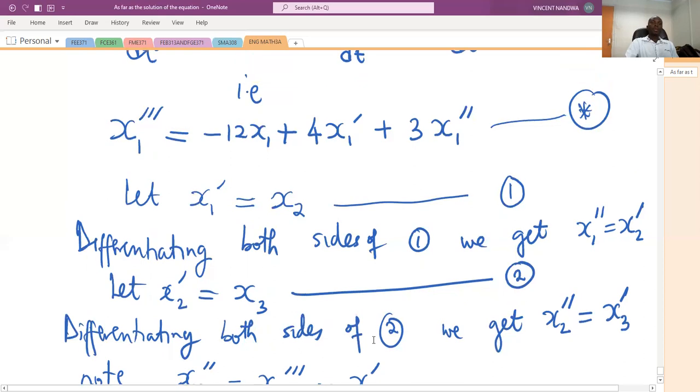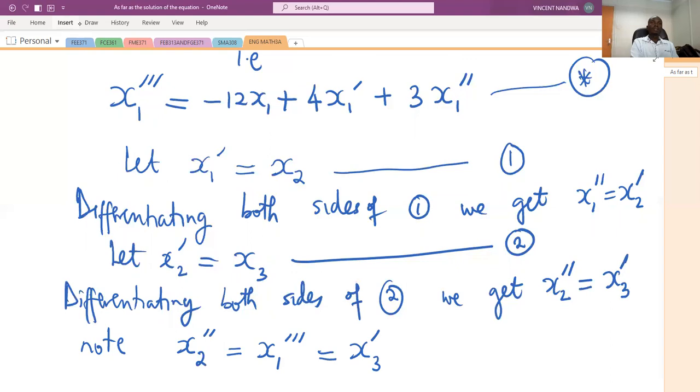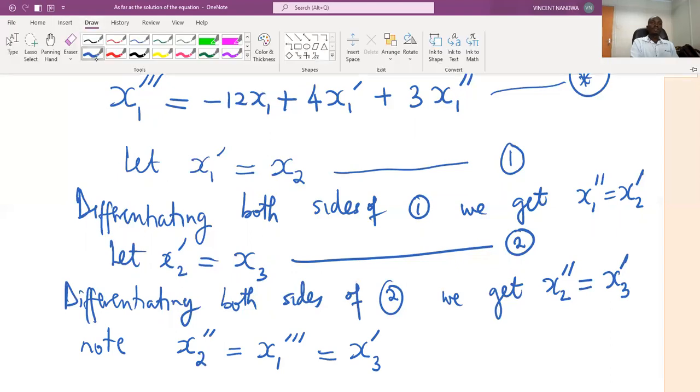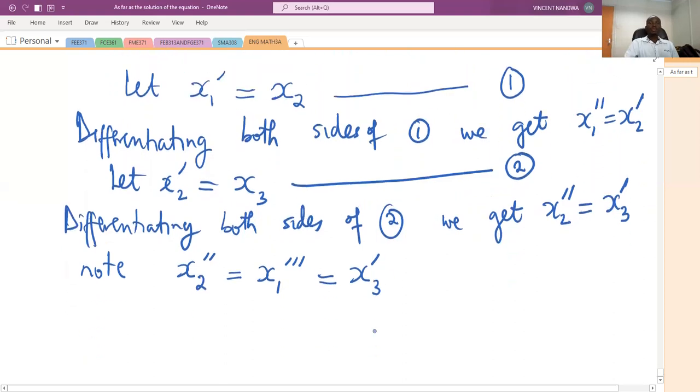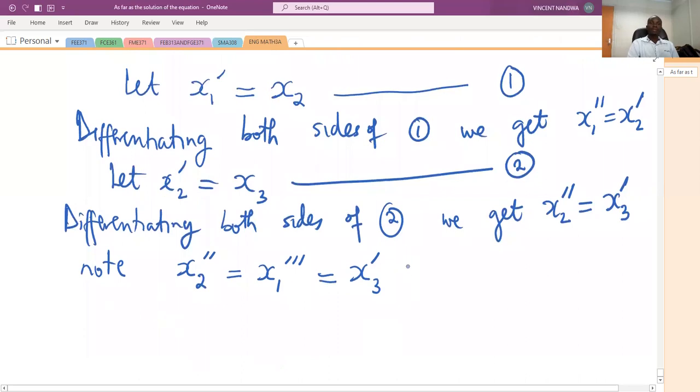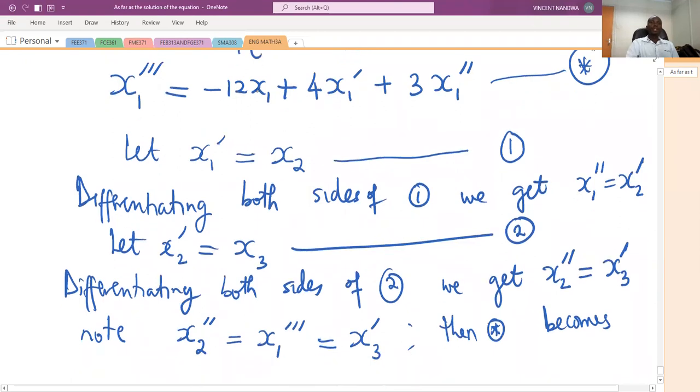So then if we replace star, which is x1 triple prime, by x3 prime, there will be no mistake. So star becomes, the left hand side will be x3 prime, and then this will be minus 12x1.